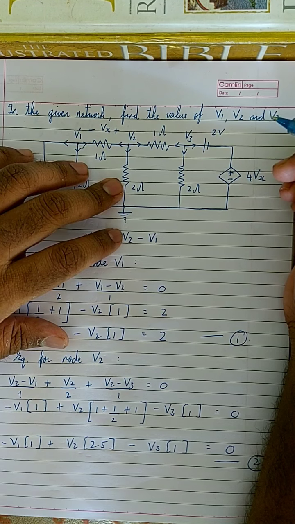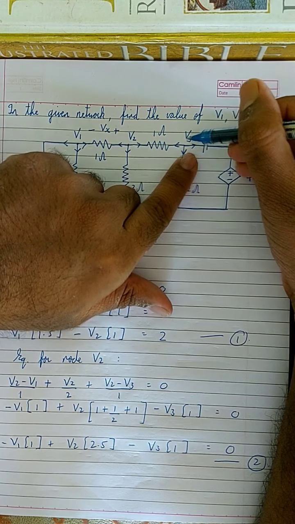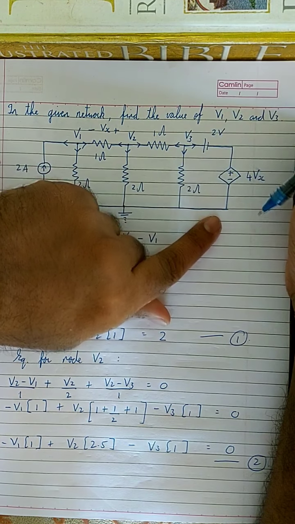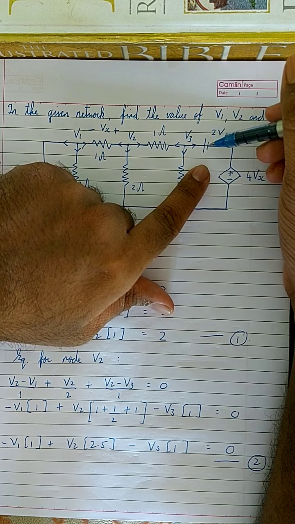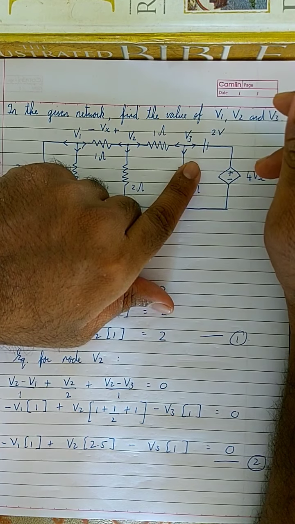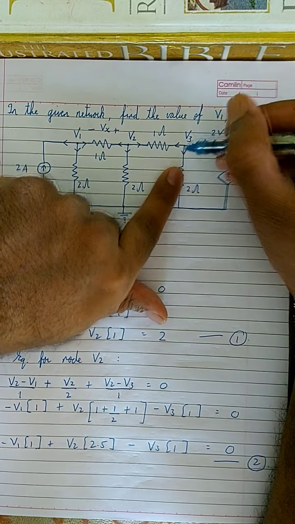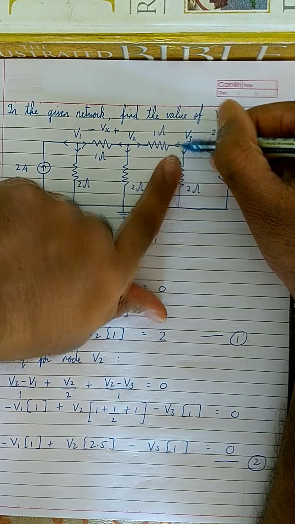Oh, and you don't have to write those branches also, right? Because you see here there's a voltage source in between V3 and 4Vx. So the equation becomes simpler. You don't have to write the node equation for V3 because V3 is already given. If you look very carefully, there's no need of writing these two equations.